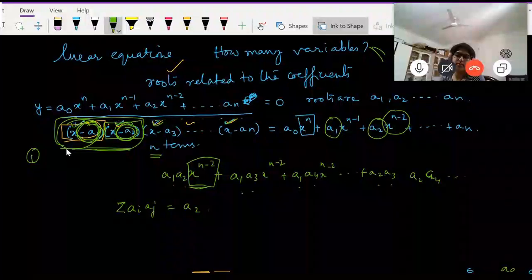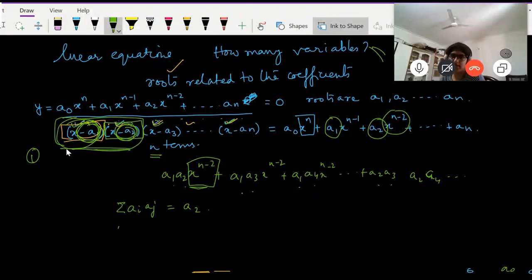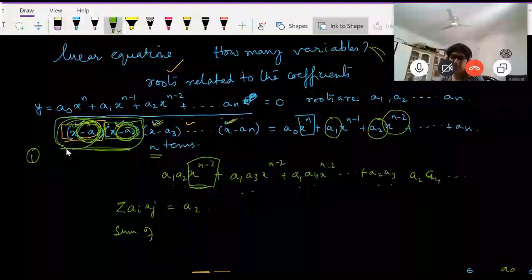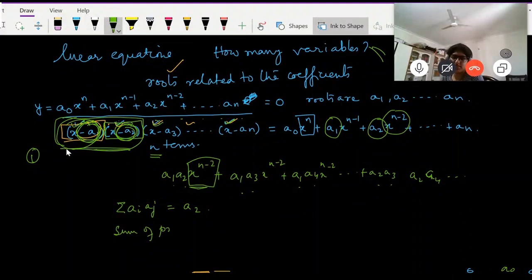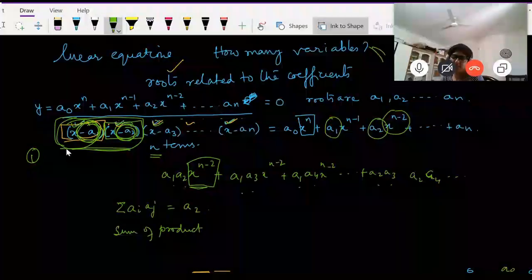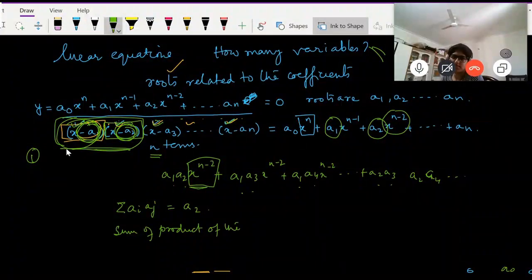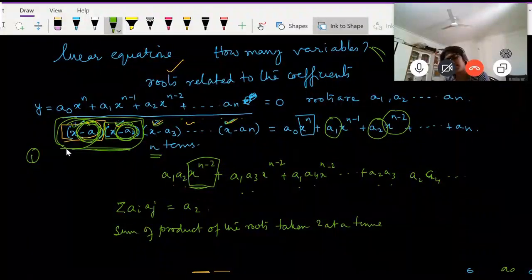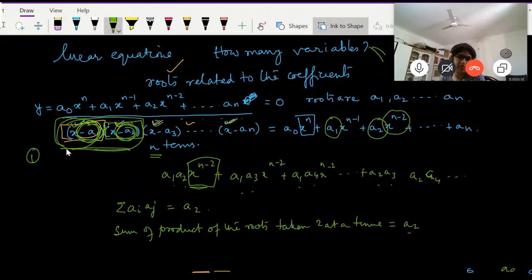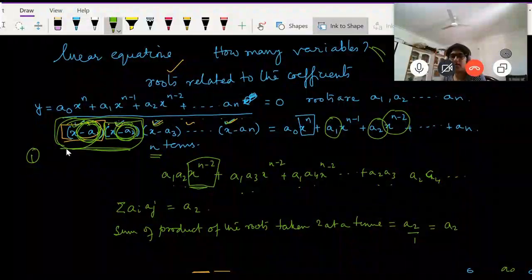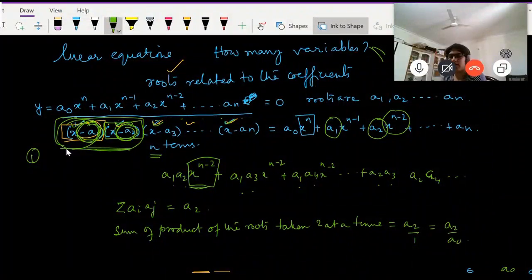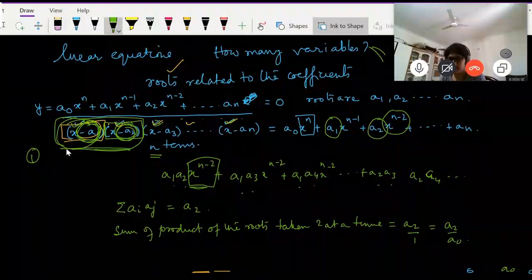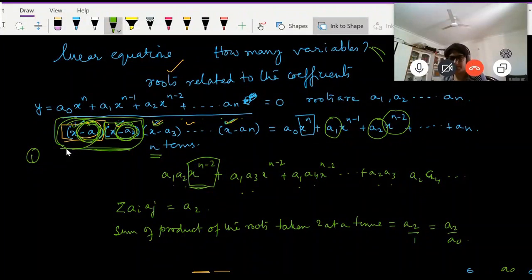So that means the sum of product of the roots taken two at a time is equal to a2 by 1, which is a2 by a0, right?